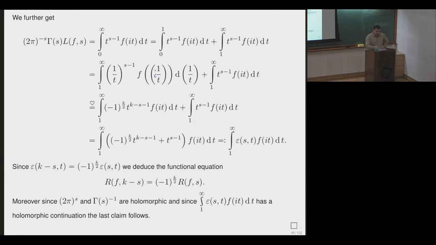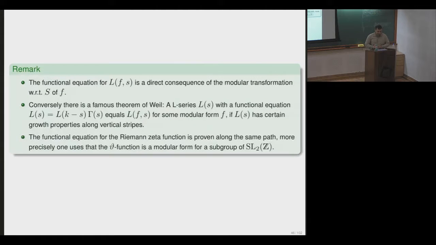Okay, so again, we see doing this straightforward calculation, which is not difficult to justify, we get that the L series has these nice properties, and we just remind you that the functional equation has to do with the modular transformation, and even you have a converse theorem of Weil.